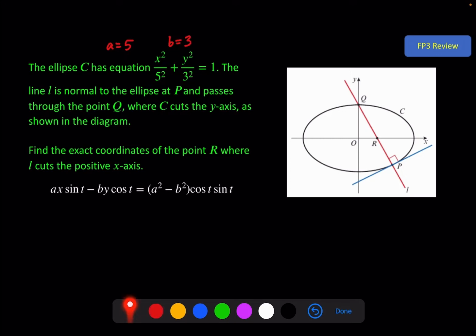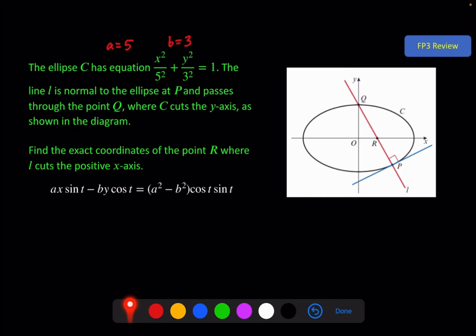The line L in red on the diagram is normal to the ellipse at point P. We have the tangent here as well, but that's not necessary, it's just there to show you the normal. And that passes through the point Q, which is also on the ellipse, and where the line cuts the y-axis. Find the exact coordinates of the point R, where L cuts the positive x-axis.